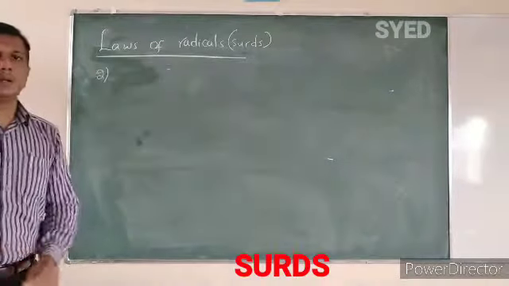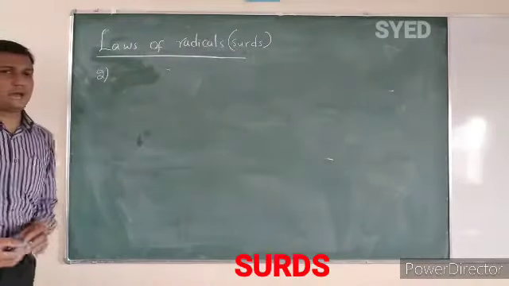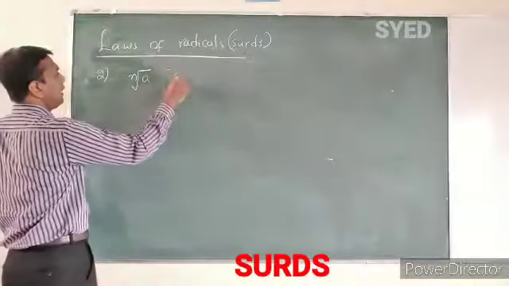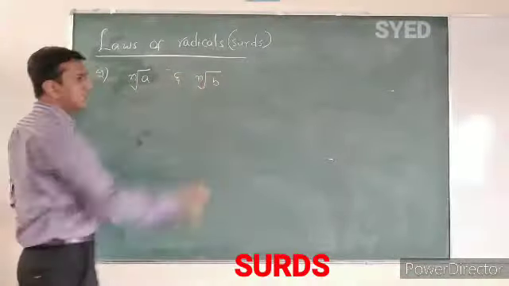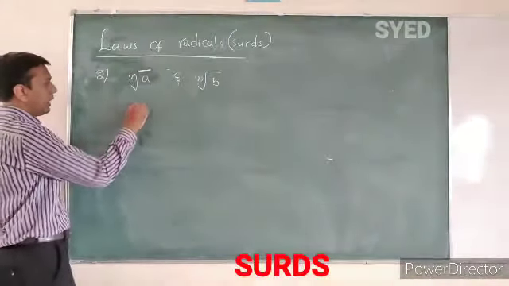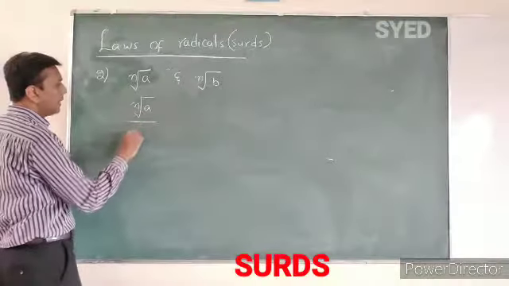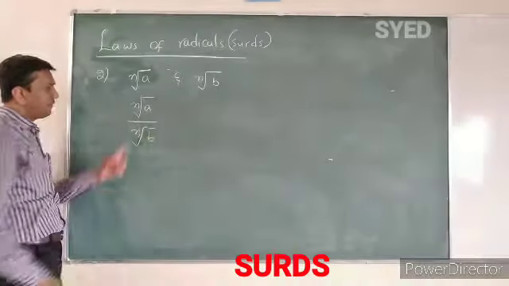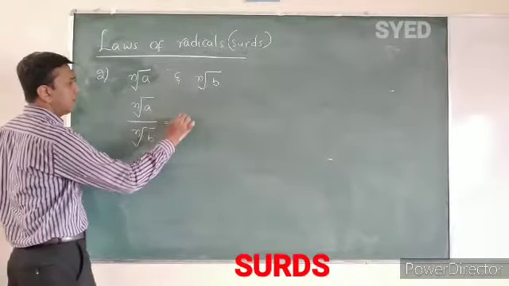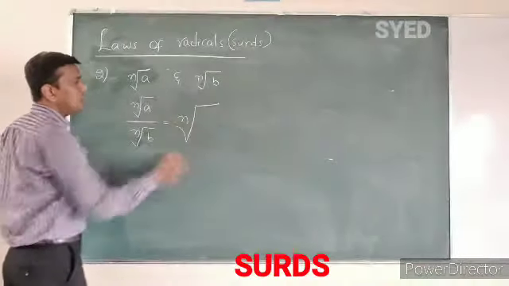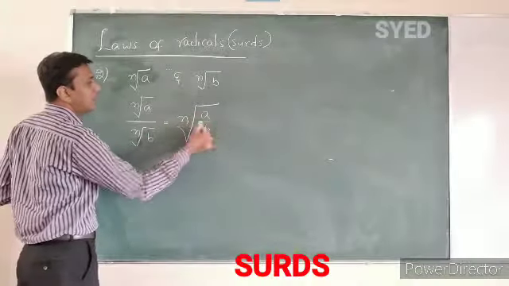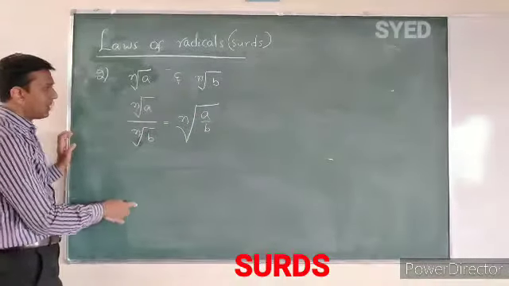And the second law: we have nth root a and nth root b. If I divide nth root a by nth root b, I can write it with the common order as nth root a by b.